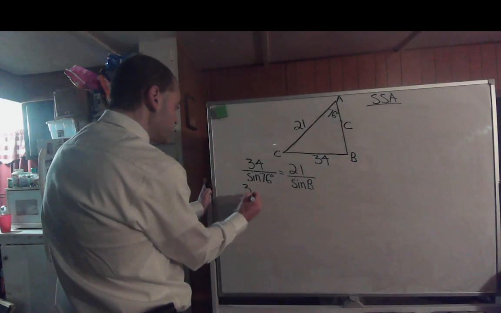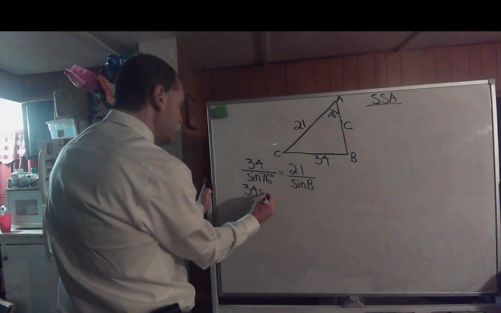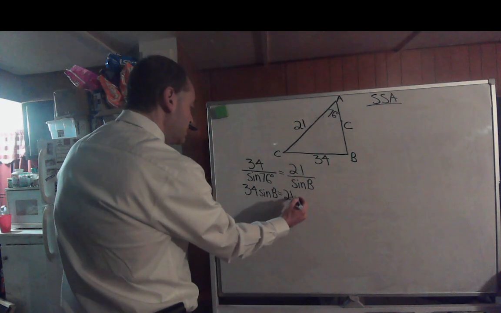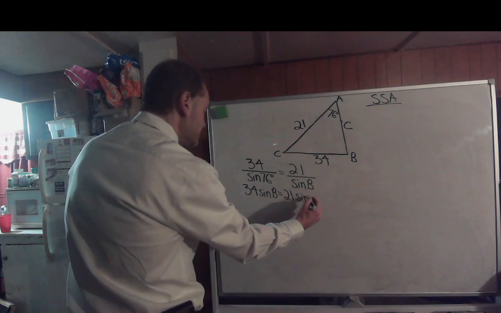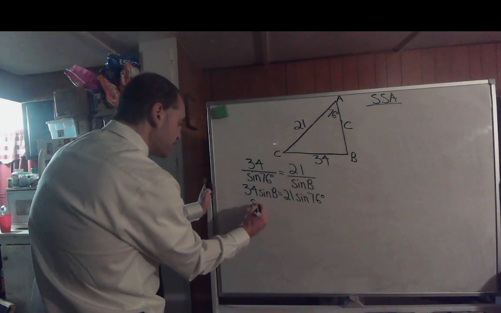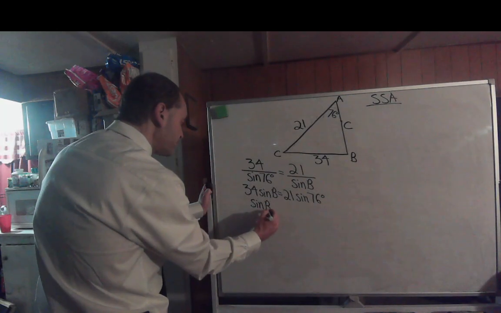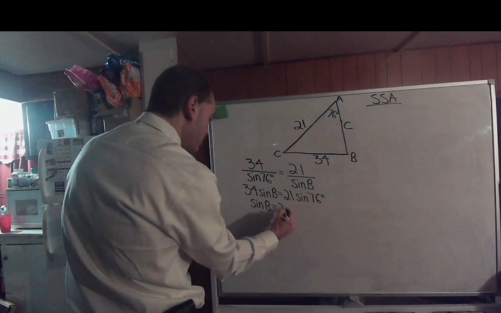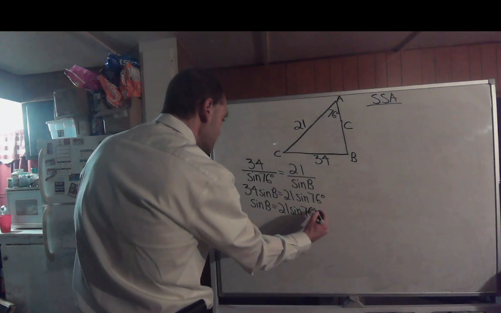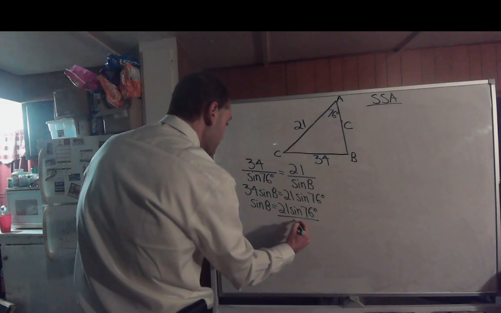So that means 34 times the sine of B equals 21 times the sine of 76 degrees. So then the sine of angle B equals 21 times the sine of 76 degrees divided by 34.